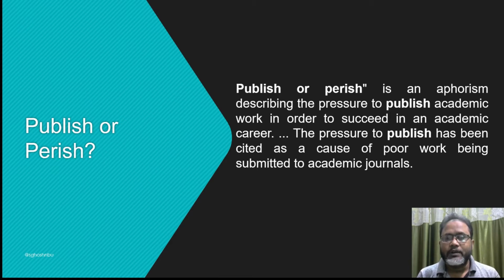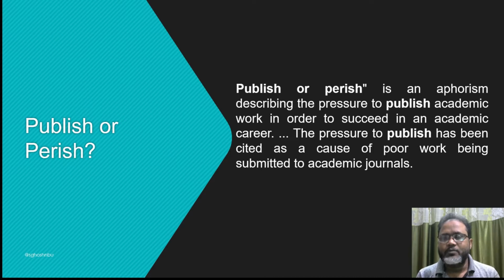And whenever you talk about perish, this is how: if you do not publish, the academicians won't understand your presence in the domain. So obviously there are some reasons by which you will lag behind in academic research, and that's why this is positive.